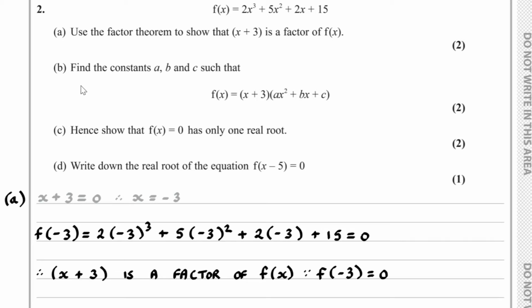For part B of the question, we have to find the constants a, b and c such that f of x is equal to x plus 3 multiplied by ax squared plus bx plus c.